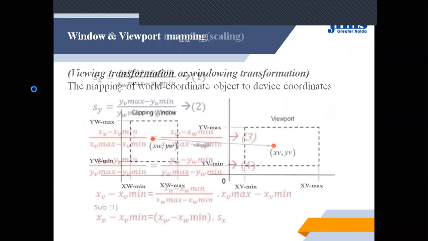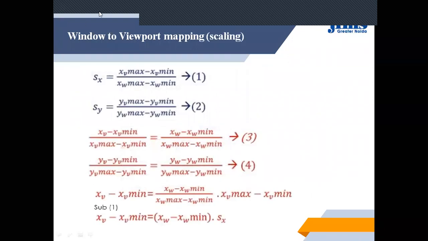I am drawing this over here. This is our window, and this is our viewport.